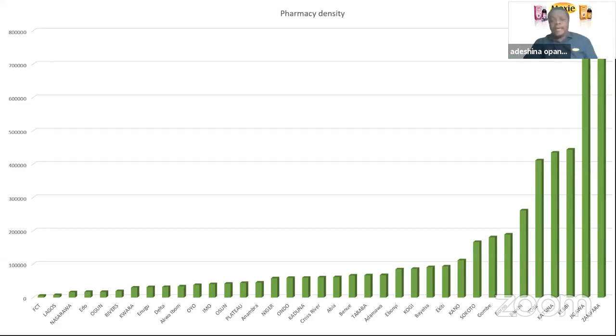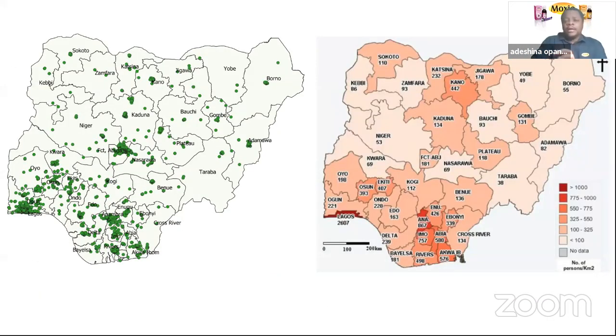Here we spoke about people. So on the left, we have pharmacies on the Nigerian land. On the right, we have people on the land. And when we mix the two, we begin to look at pharmacies and the people, because pharmacies are not meant to serve the land, they are meant to serve people.